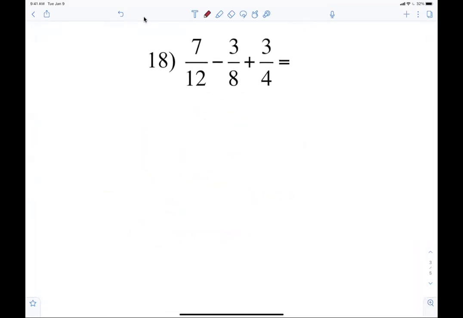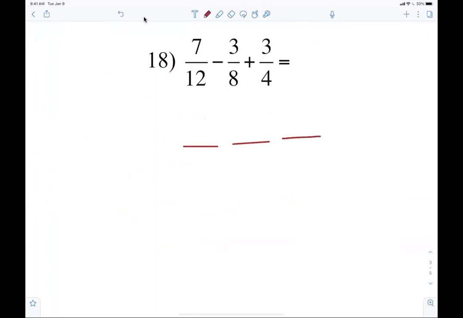All right, number 18. Miss Addison, tell me. Common denominator. Give it a shot, kiddo. Does 8 go into 12?